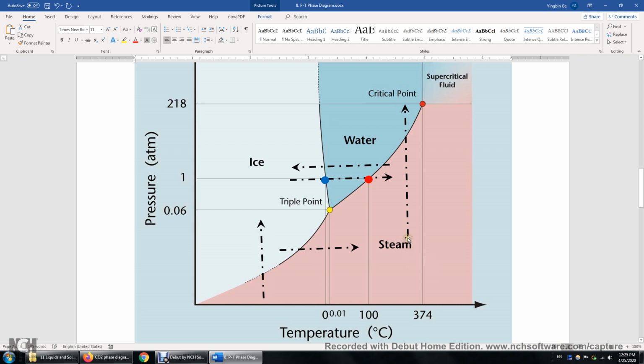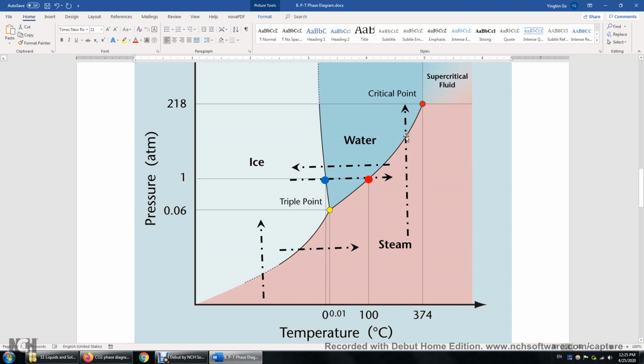All right, now let's look at this vertical arrow at very high temperature. It's roughly 300 degrees Celsius. At such a high temperature, you may think it's a gas or water vapor or steam. Yes, it's true if the pressure is lower than here. So in this range, it's water vapor.